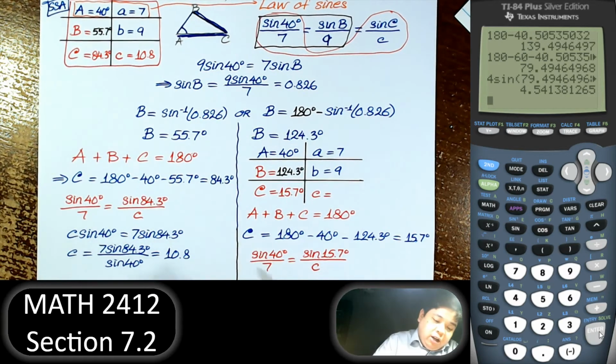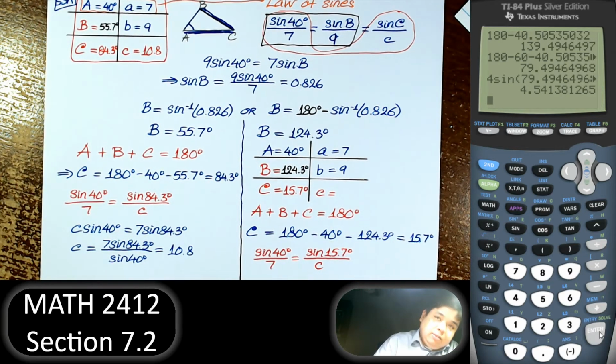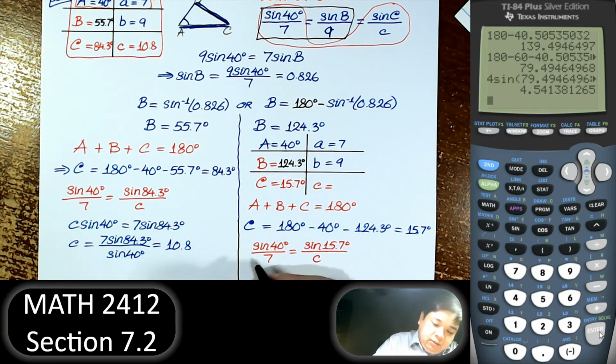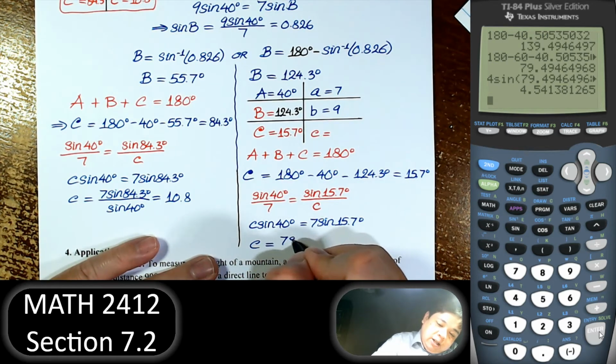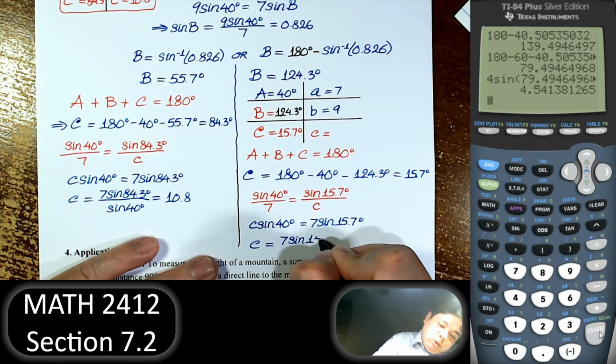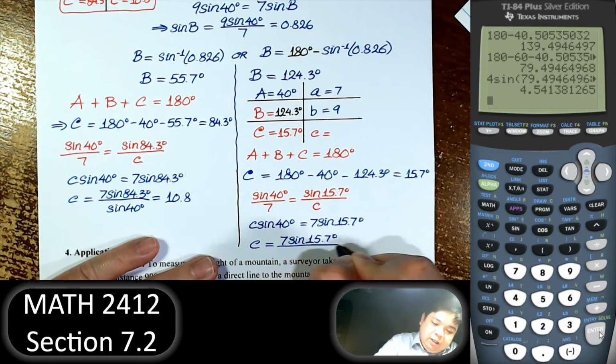Again, cross multiply and solve for it. So c equal to 7 sine of 15.7 degrees over sine of 40 degrees.